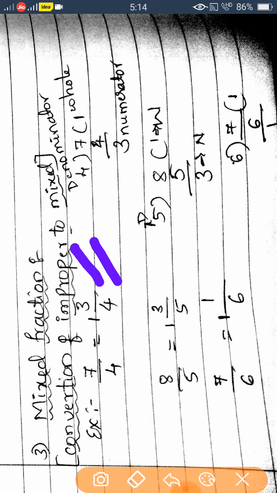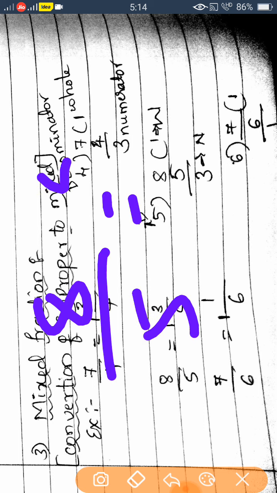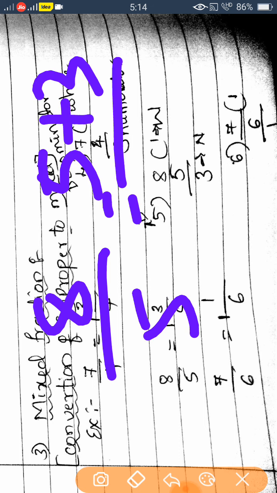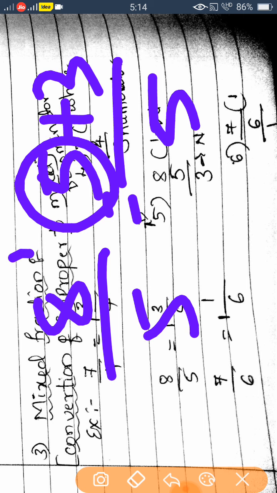Again, second example, 8 by 5. Here you can take it like this also: 8 you can write as 5 plus 3, isn't it? So 5, how many are there? Here only one 5 is there.